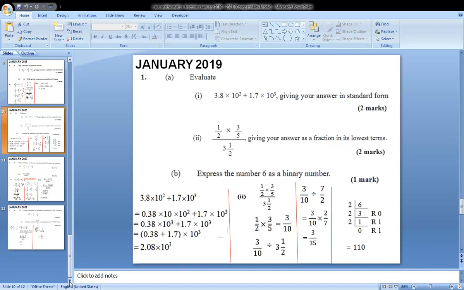And then we further know that 2 into 3 goes 1 time, remainder 1, and 2 into 1, what do we notice here? 0 times, remainder 1. So that would give us 110 for our answer.